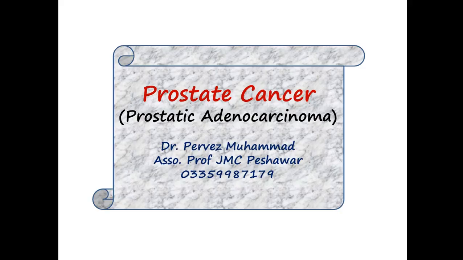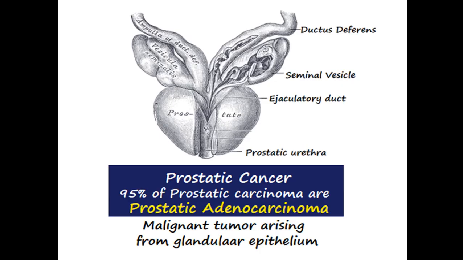Today we are going to discuss prostate cancer. We know that the most common type of cancer that occurs in the prostate is the cancer that arises from the glandular epithelium of the prostate, known as prostatic adenocarcinoma.